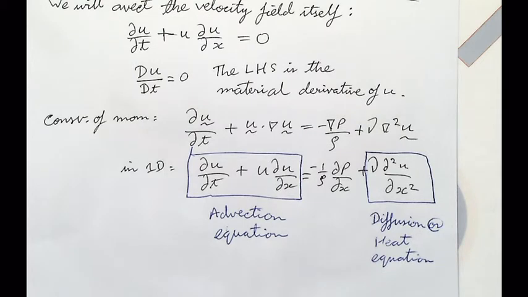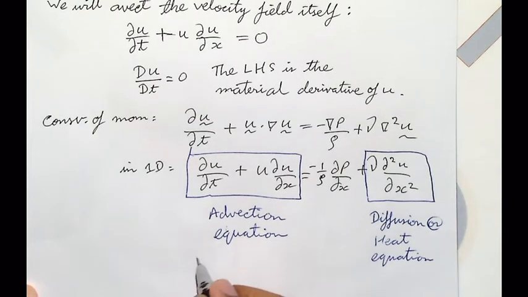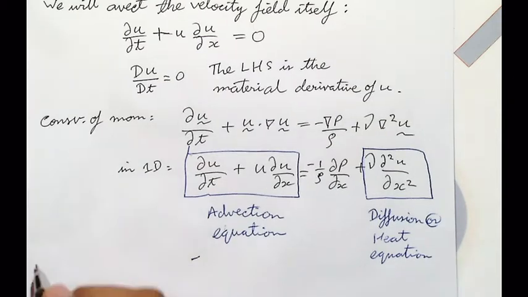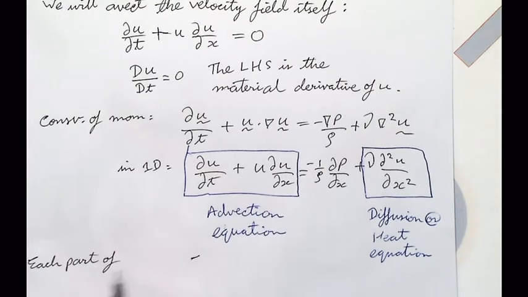So now you must be wondering why I told you about all this elliptical, hyperbolic, and parabolic. Now you can begin to see that this part of Navier-Stokes behaves as what class? So each part of Navier-Stokes shows different class behavior.